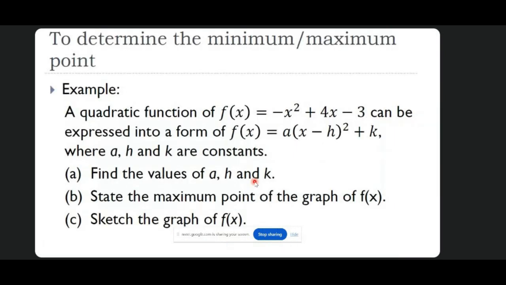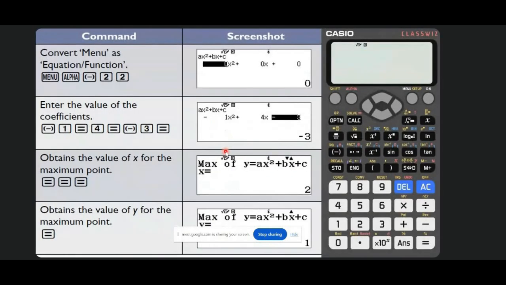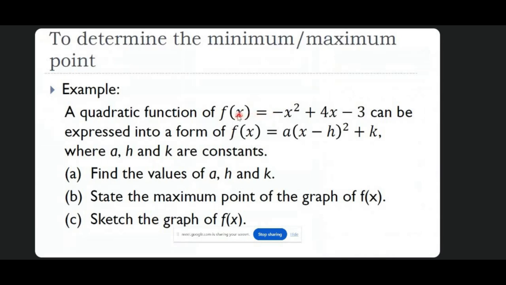Okay, for a quadratic function, we need to determine the minimum or maximum point, the value, and the axis of symmetry, and to sketch the graph of f(x). So how to do that using the calculator? This function is a quadratic function, negative x squared plus 4x minus 3.